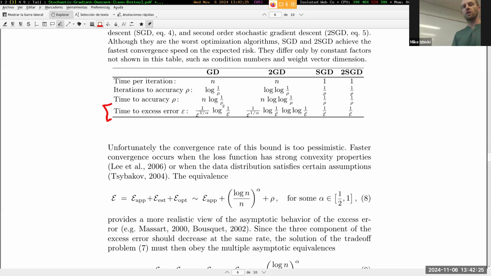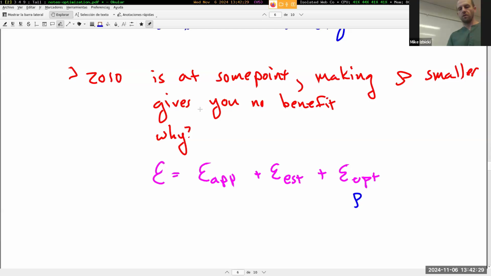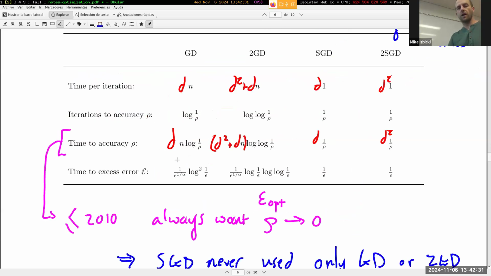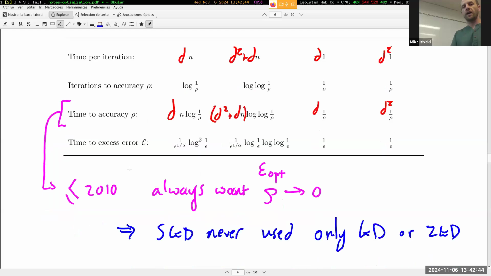This last row up here has no dependence on our n value, no dependence on our dimension, no dependence on our rho values in any way. It only depends on this excess error.